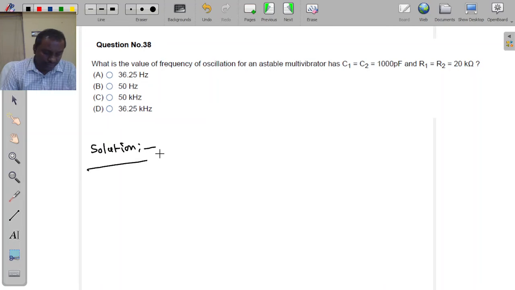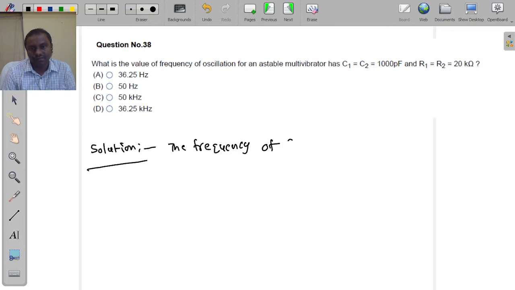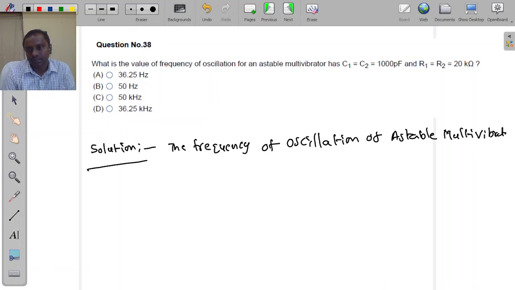See, for an astable multivibrator, the frequency of oscillation is 1 by time period.